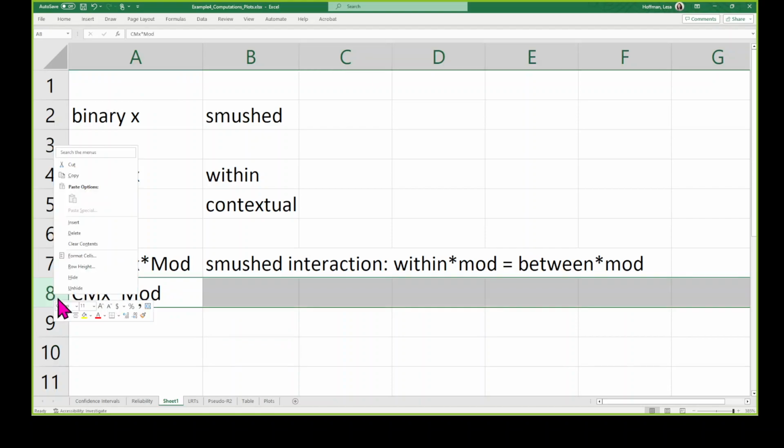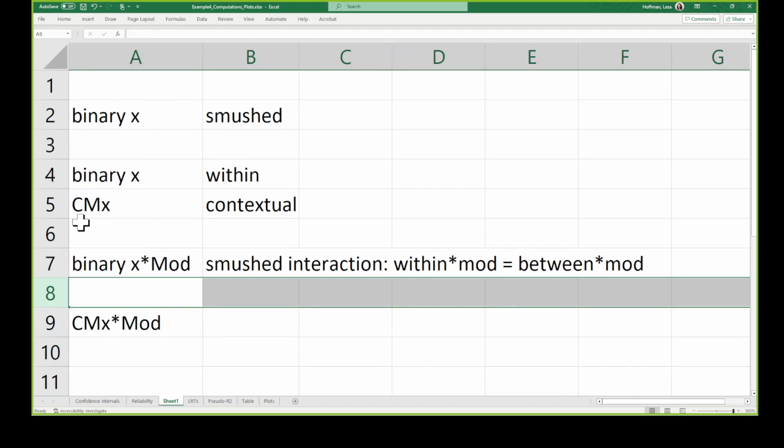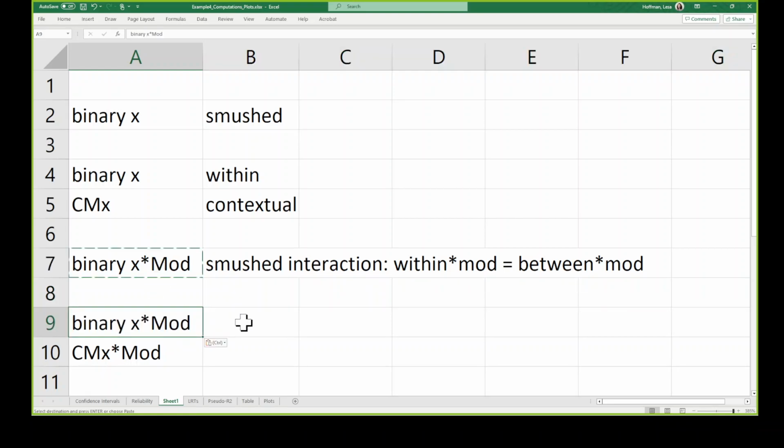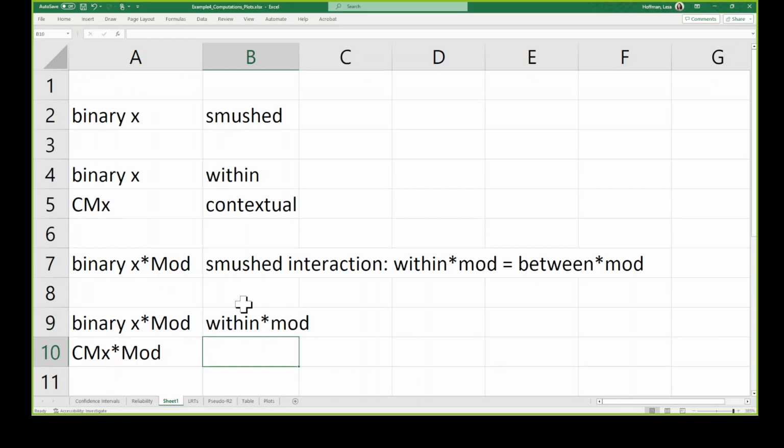Then this one is within by moderator. This one is contextual by moderator. And can you guess how I'd get to between by moderator? Add 'em up. Same idea, different level of complexity.